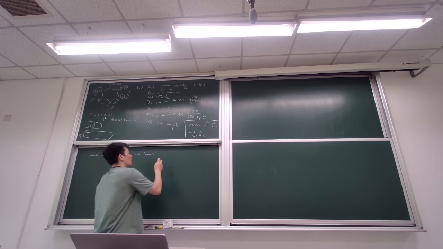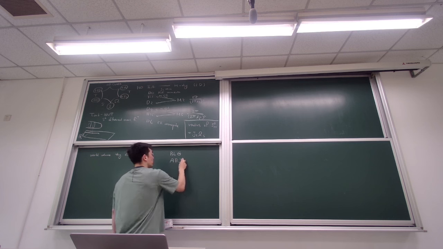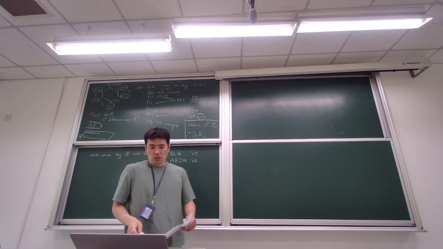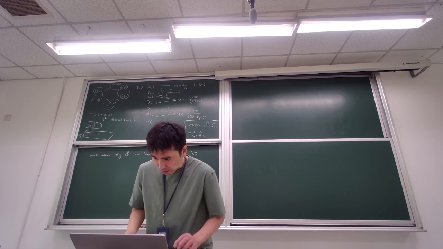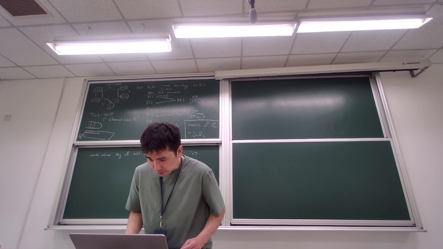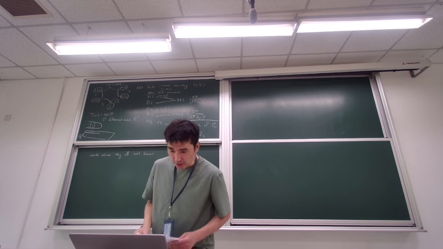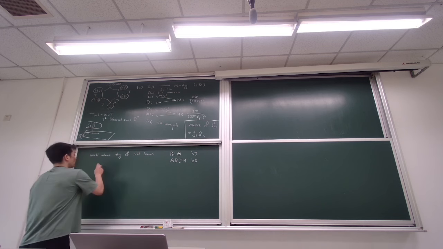Bagger, Lambert, Gustavsson, and also Aharony, Bergman, Jafferis, Maldacena, around '07 and '08. They found some exotic Chern-Simons theory. I don't remember the date. Yeah, '07 or '08.